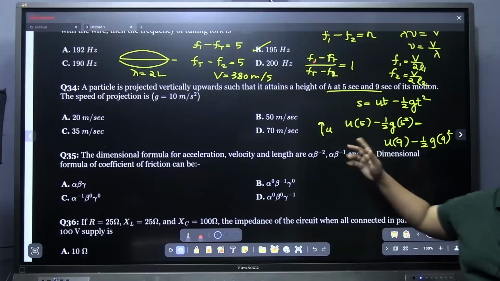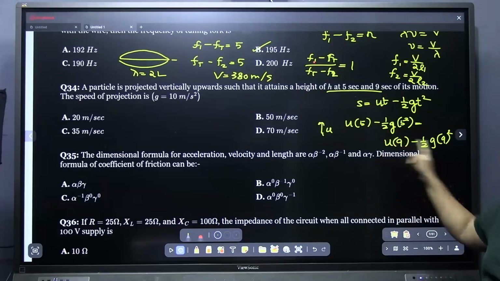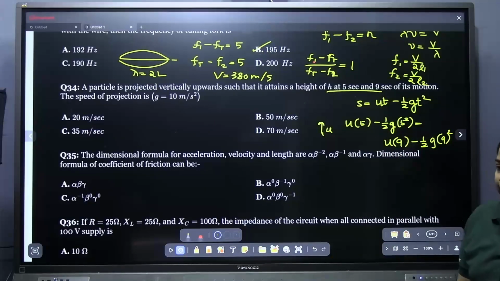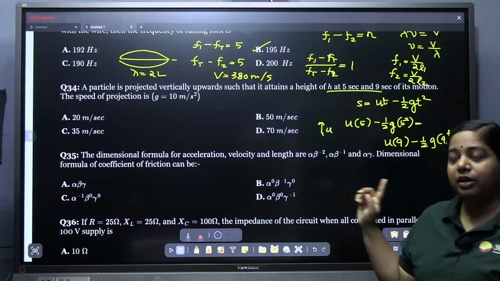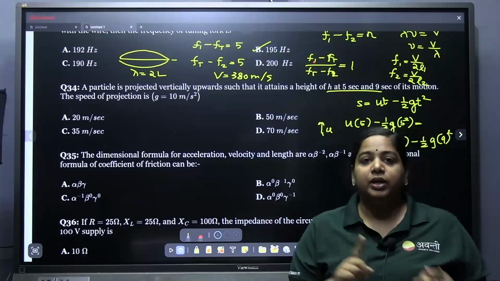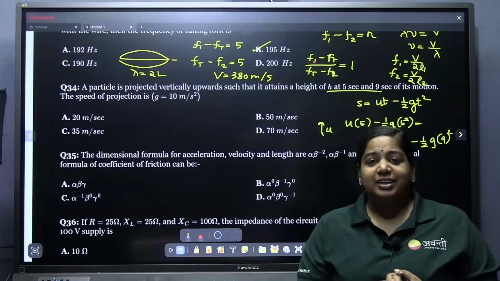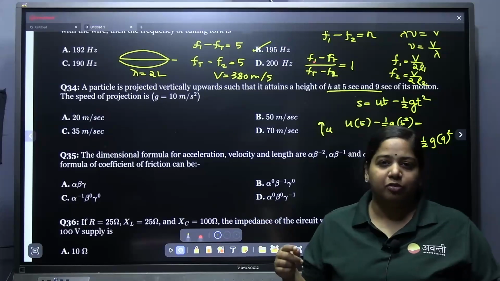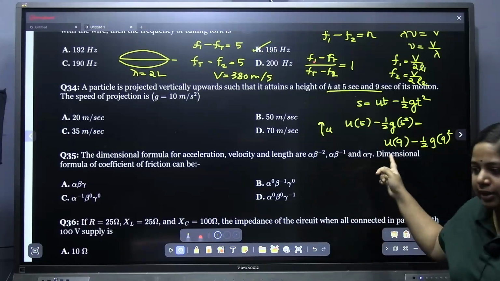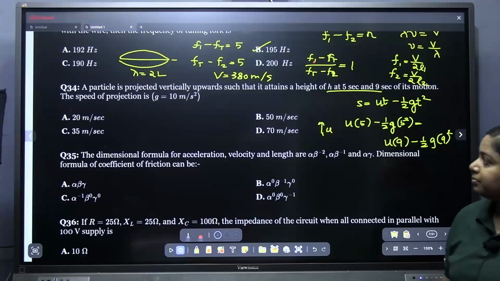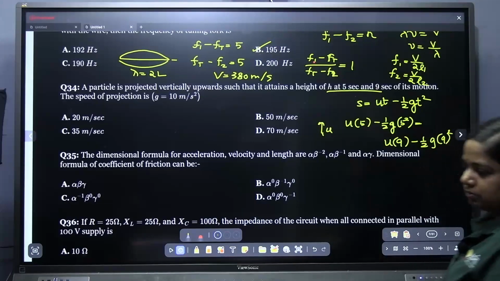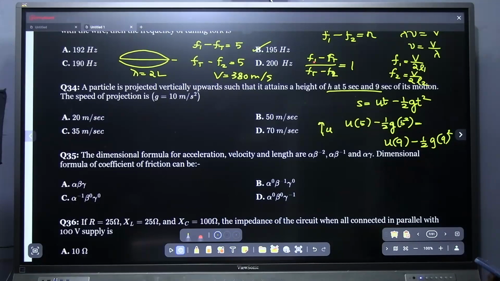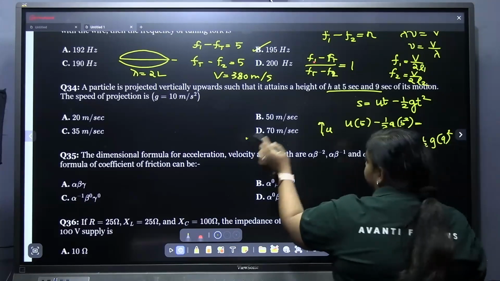We can equate, both heights are the same. From this you can solve for u. Please make sure in your answer key this is given in a difficult form. Don't follow that. Follow this only. Question 34 answer is option D, 70 meter per second.